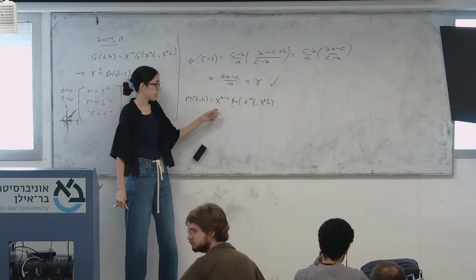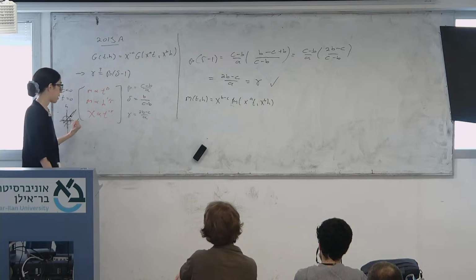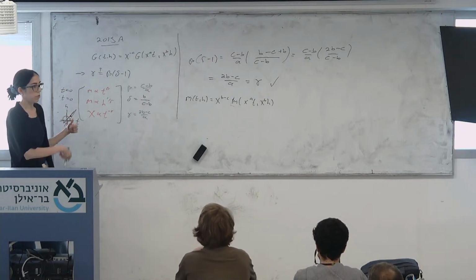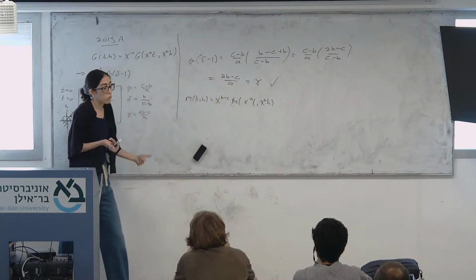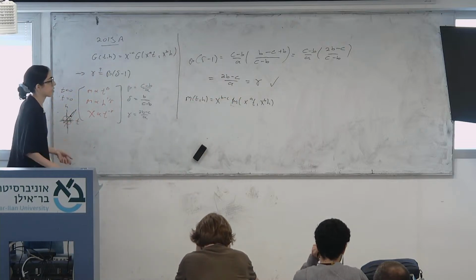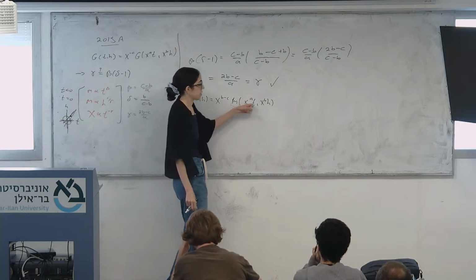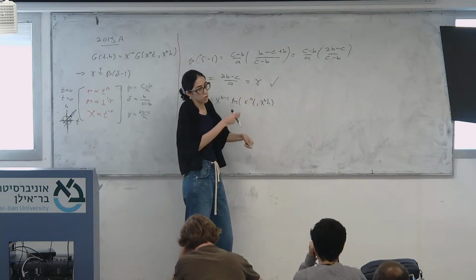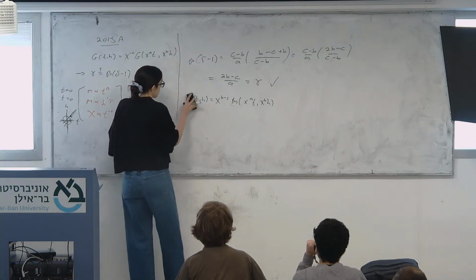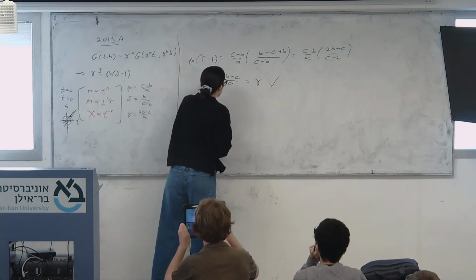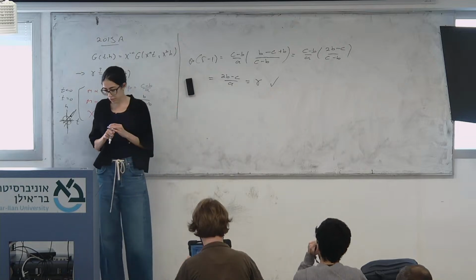So you can use that to find how M depends on both T and H. You just have to play with those. We look at the specific case of either T equals 0 or H equals 0, but you can take something in between. So basically that was the question.